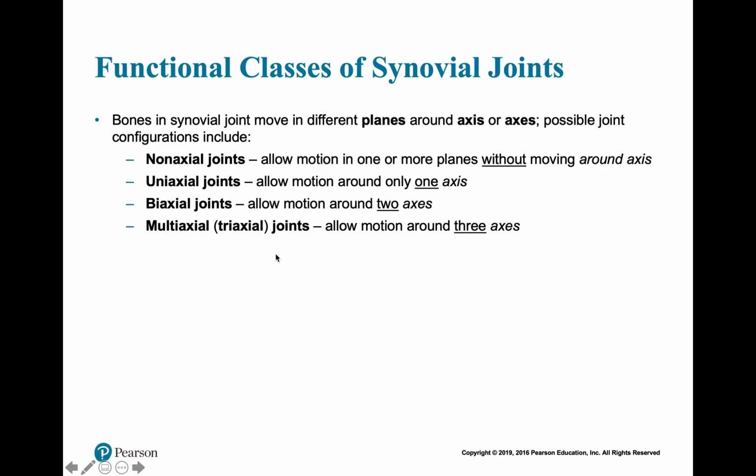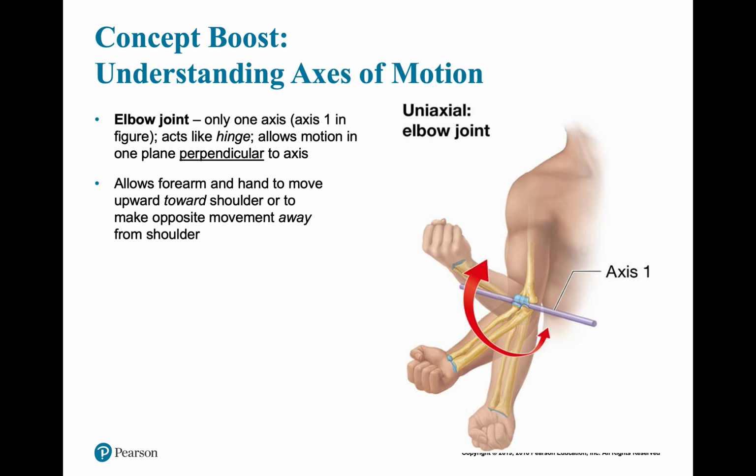And then multiaxial joints allow motion around 3 axes, further increasing the types of movements allowed at that particular synovial joint. The next couple of slides help you understand what uniaxial, biaxial, and multiaxial mean by showing you the different axes.